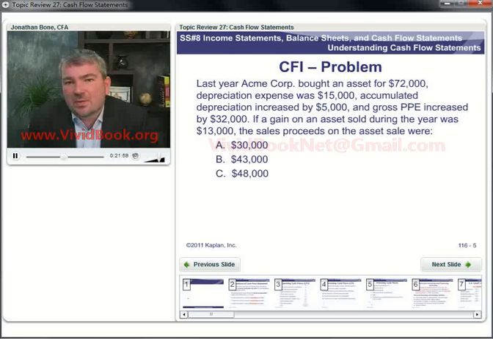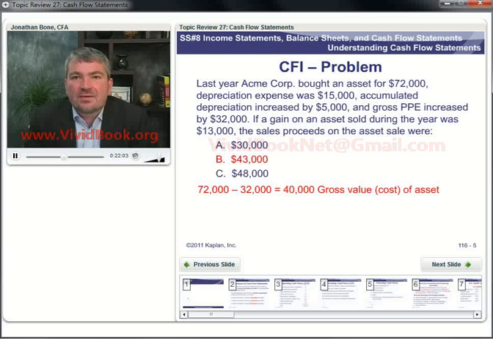First of all, we need to work out the gross value of the asset disposed of. Notice it says we bought an asset for 72,000, but gross PP&E only increased by 32,000. Of course, if there was no disposal, we'd expect the gross PP&E to change by 72,000, but it changed by 32,000, so the difference must be 40,000, the gross value, i.e. the cost of the asset that we've disposed of.